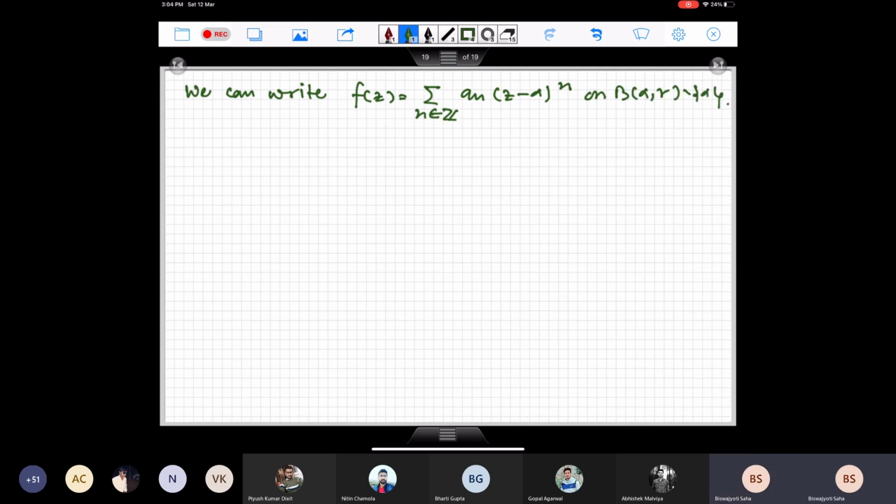So this is what it looks like, and this converges uniformly on all compact subsets, because you can show normal convergence on any compact subset. So on this deleted neighborhood, I have uniform convergence.